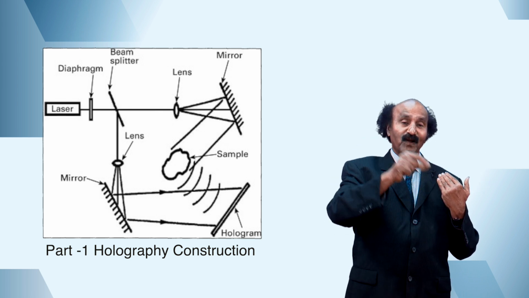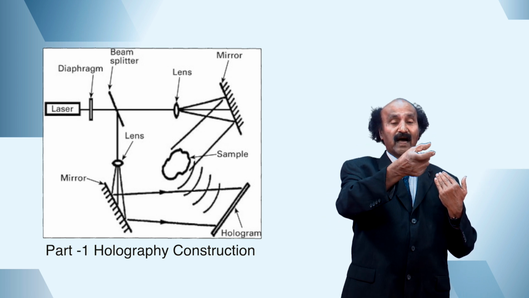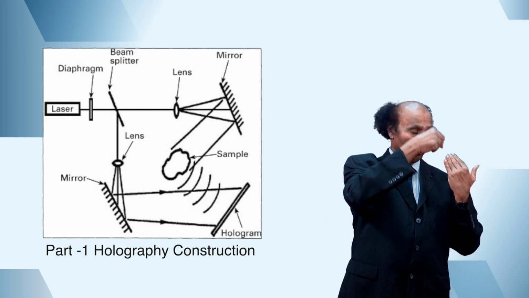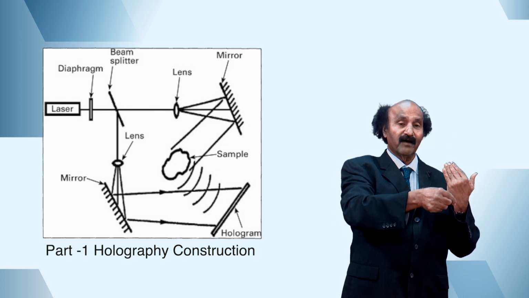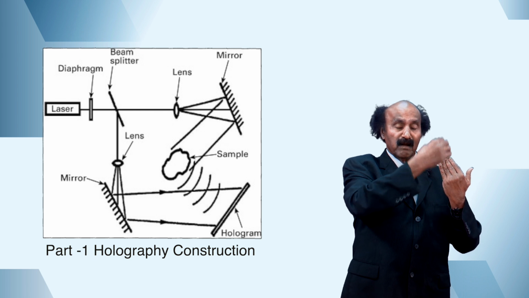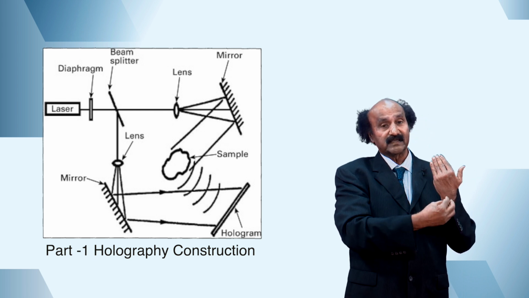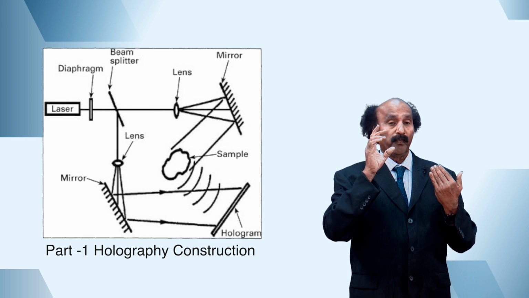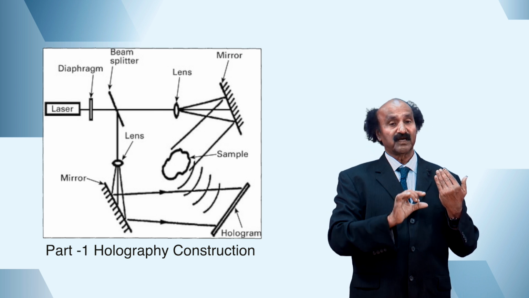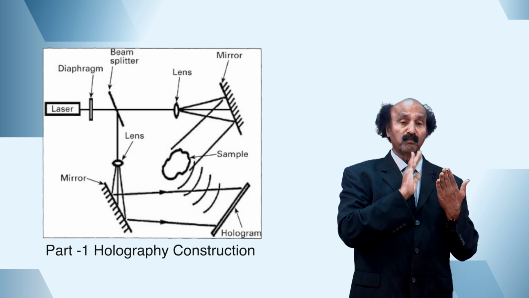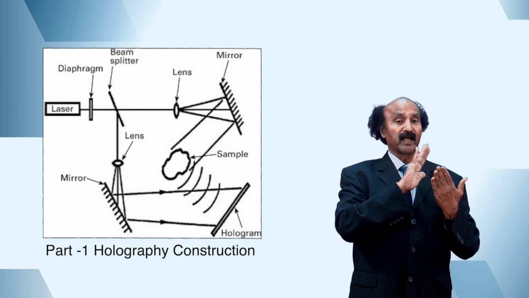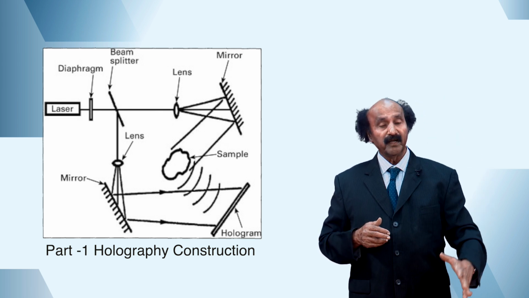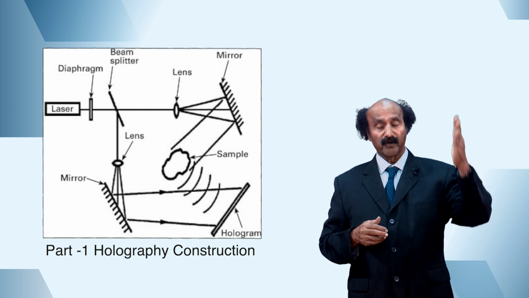The lens will always capture the image and do the inversion, the head will go here, the leg of the person will be here, and in between, different parts of the body will be recorded. So, only a part of the object will be recorded in one portion of the photographic plate. This is the problem with conventional, ordinary 2-dimensional photography.